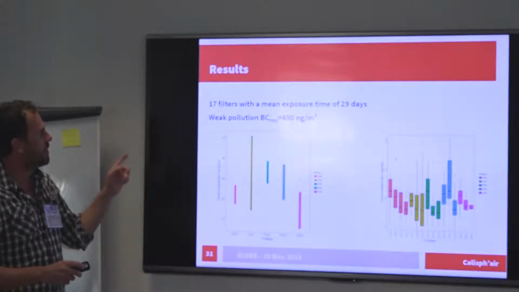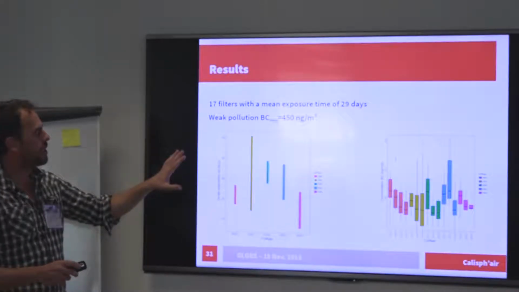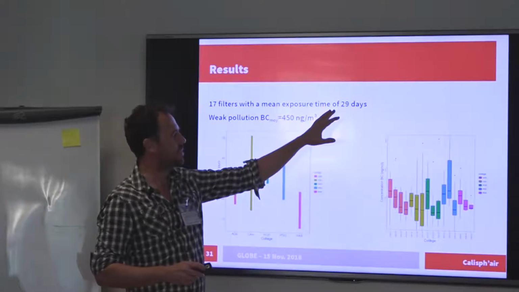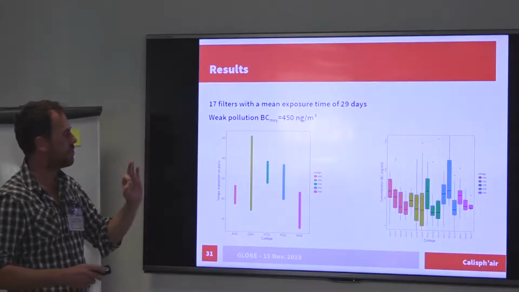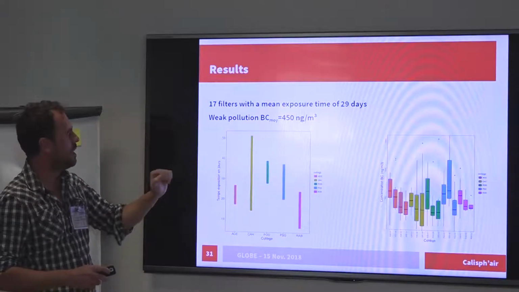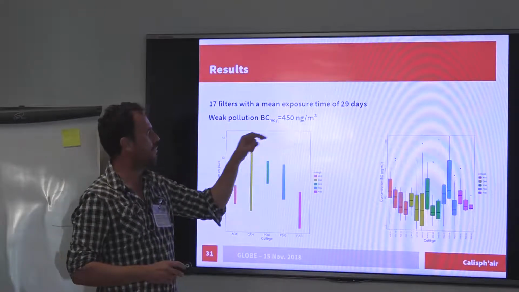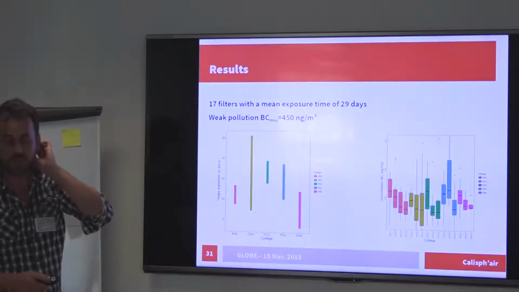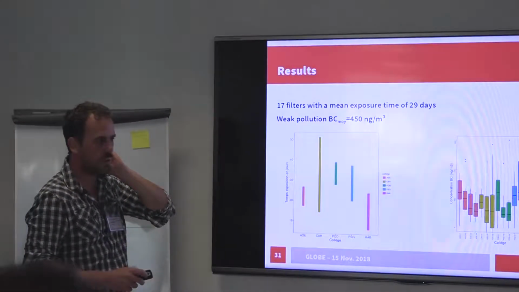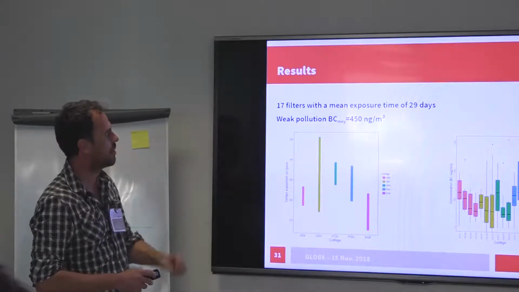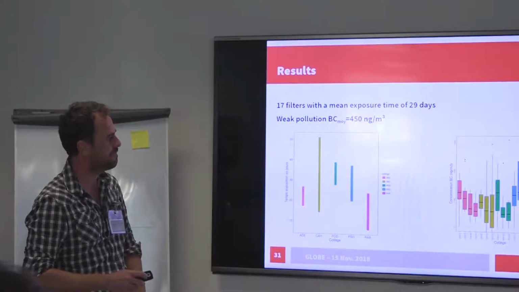We have 70 filters with a mean exposure time of 29 days, which means the pollution was very weak. It was during autumn, and the average concentration was about 450 nanograms per cubic meter, which is a very low concentration. In Toulouse, we are much closer to 1,000 nanograms per cubic meter.